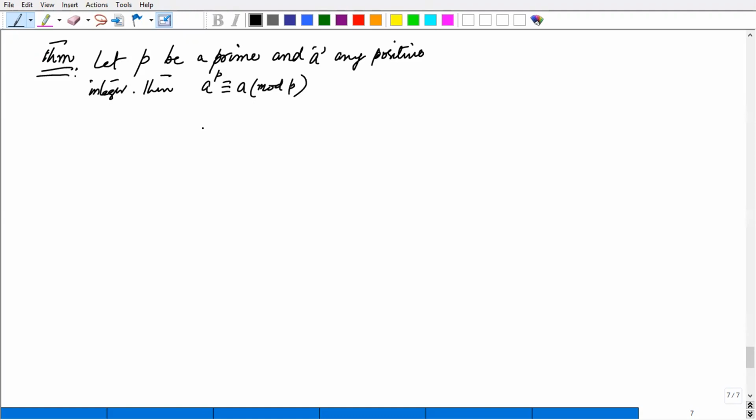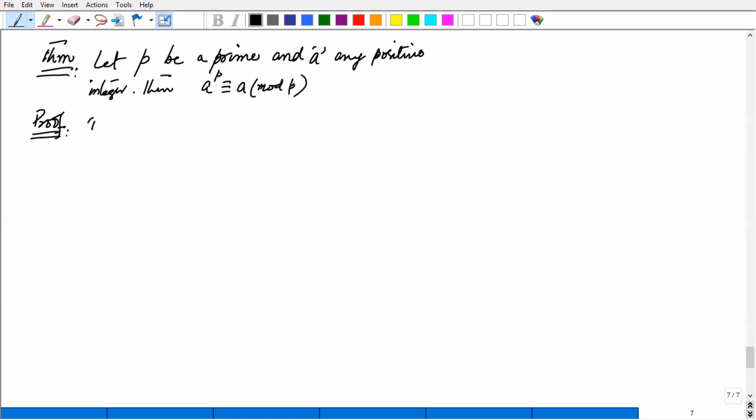So this theorem is valid for both of the cases, whether p divides a, or p does not divide a. Let me correct one thing. The linear congruence by using Fermat's little theorem is not part of the assignment, but you can consider that thing as an exercise.